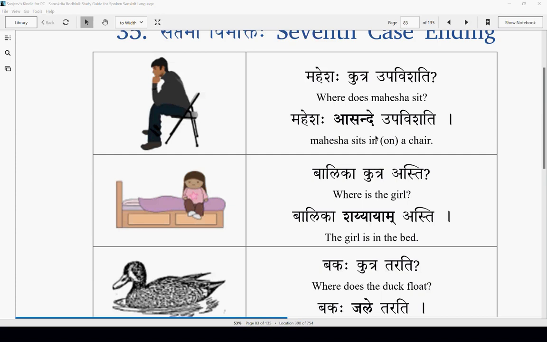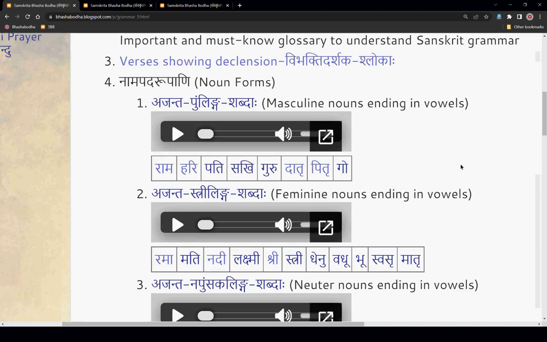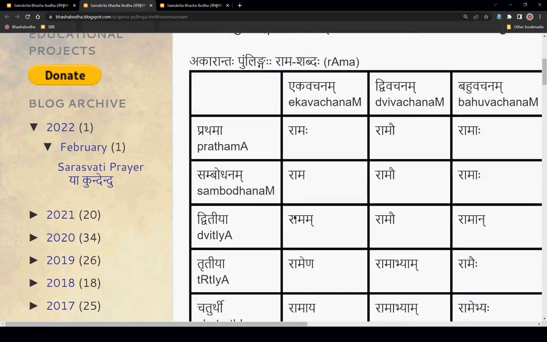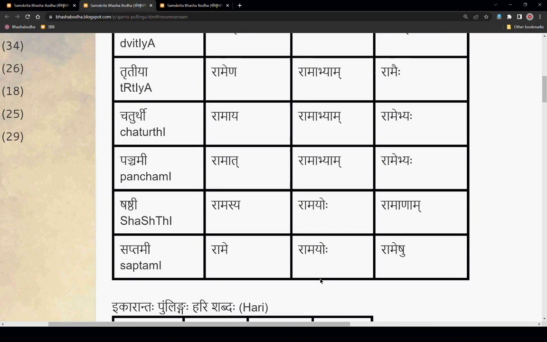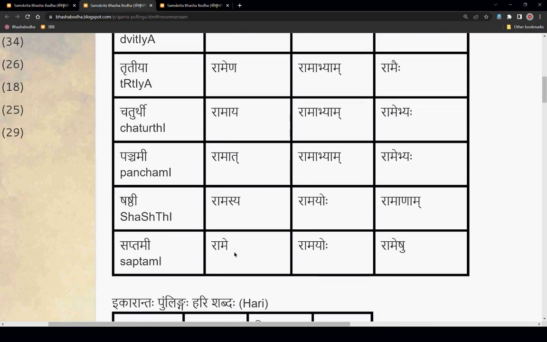Asanam is one word. Asandaha is another word. If you use asandaha, it becomes a pullinga word. If it is asanam, it becomes a napumsakalinga word. So again, if you look at the Vibhakti tables here, pullinga like Rama Shabda, in the Saptami Vibhakti, has the form of Rame in Ekavachanam, Ramayoho in Dvivachanam, Rameshu in Bahuvachanam.